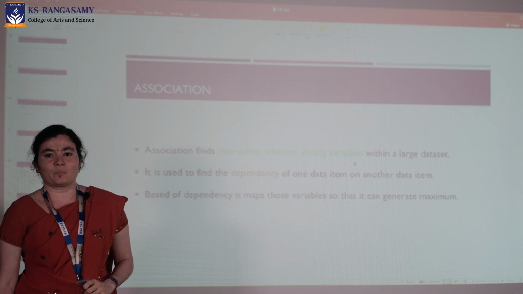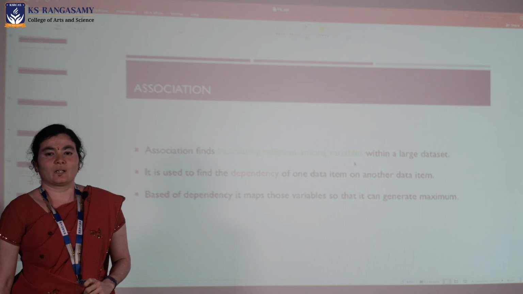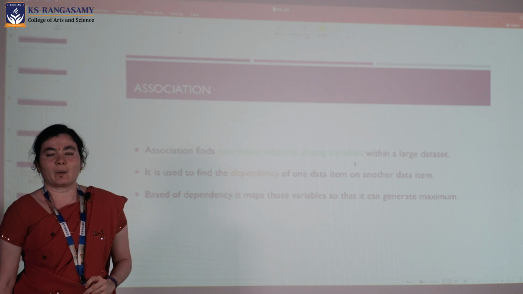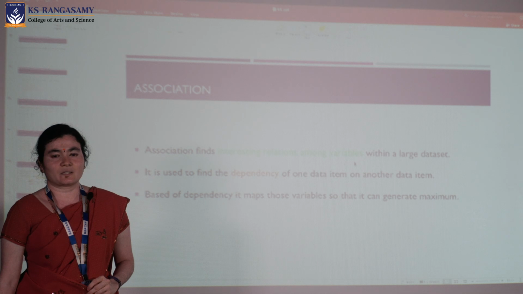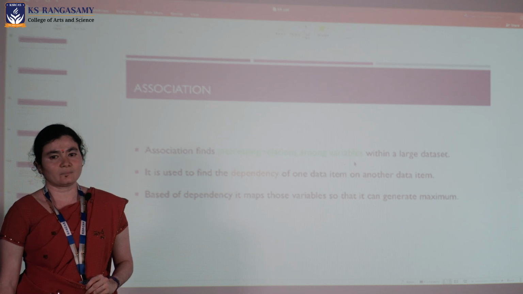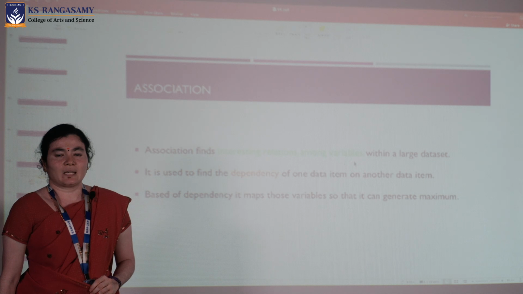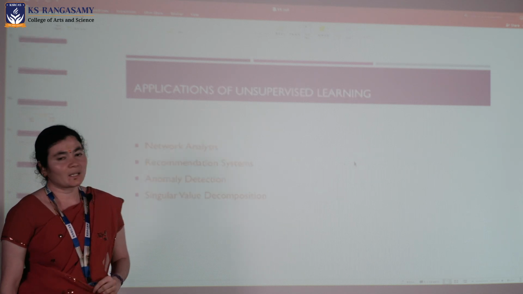Association is mainly applied to market basket analysis, web usage mining, etc. Some of the algorithms are: first one, Apriori algorithm, and second, FP growth algorithm.